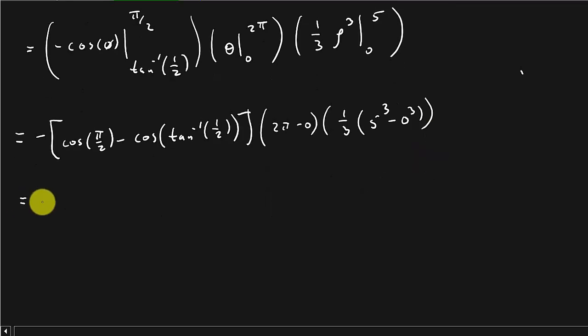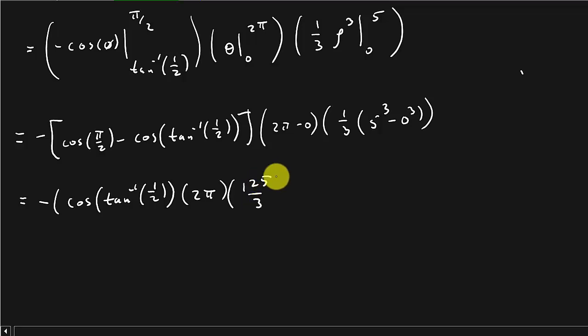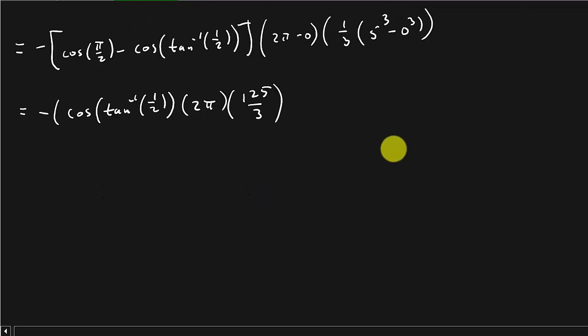All right, so this is going to be negative cosine inverse tan 1/2 times 2 pi times 125 over 3. All right, so the big question is evaluate this thing.